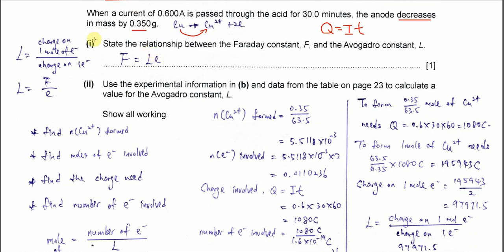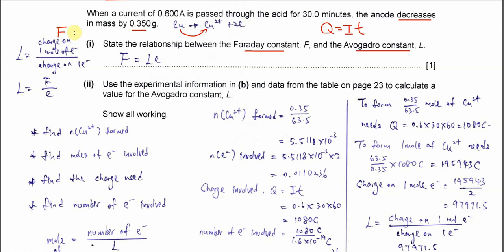For part 1, before you start the calculation to find the Avogadro constant, you need to know the relation between the Faraday constant and the Avogadro constant. L, the Avogadro constant, is equal to the number of particles in 1 mole. The charge on 1 mole of electrons is the Faraday constant.